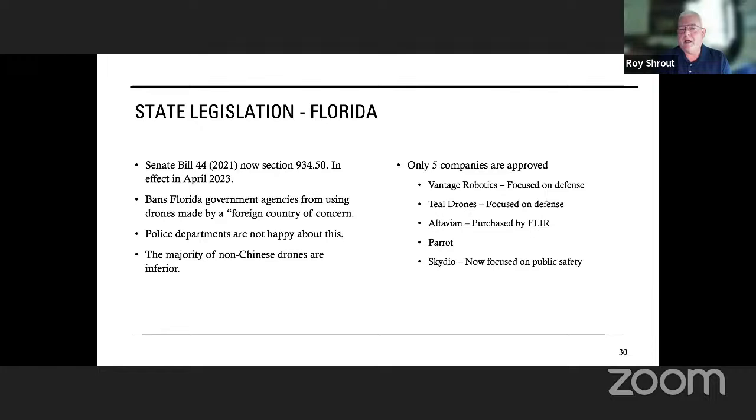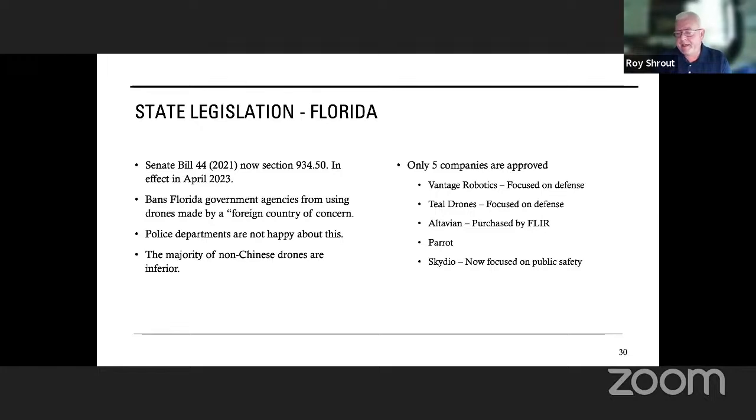It bans Florida government agencies from using drones made by a foreign country of concern, i.e. DJI, Autel, and a few others. DJI is the largest one in the world, period. Nobody can touch them. 75% of the market is owned by DJI. But anyway, it bans government agencies from using them.